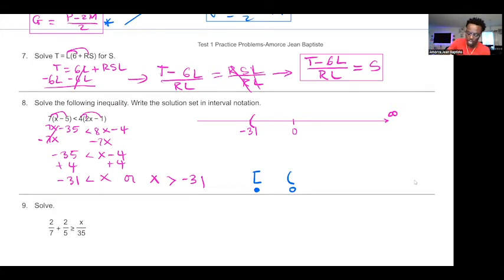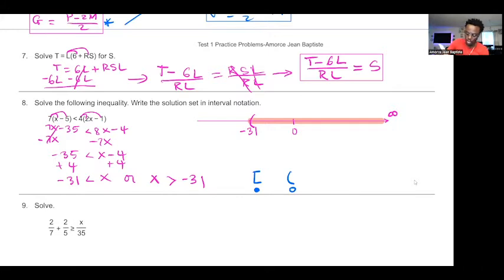So I open my parenthesis facing the solution. And now everything on the right is going to be the solution of this problem. And that shows me what my solution in interval notation will be.